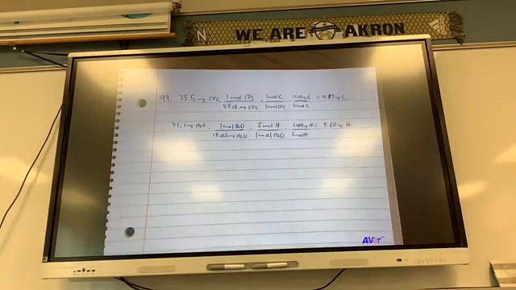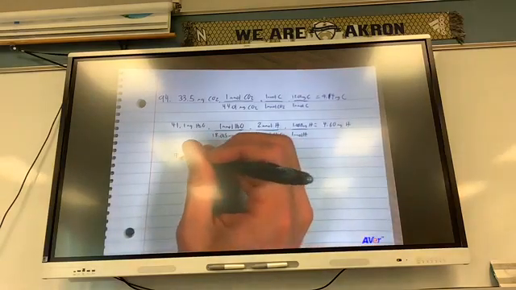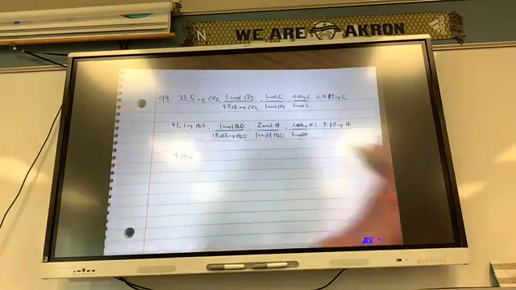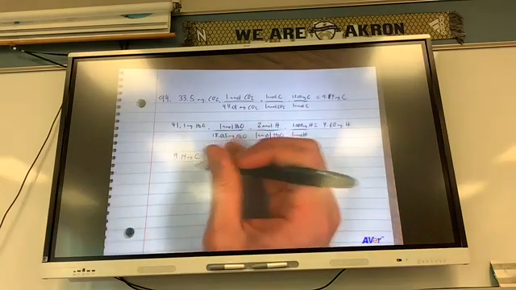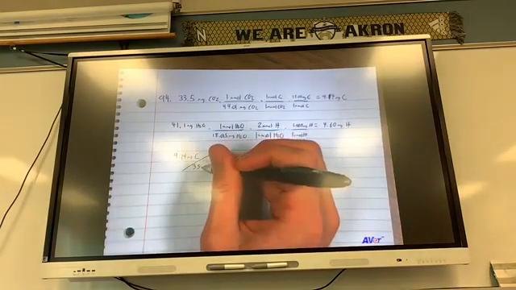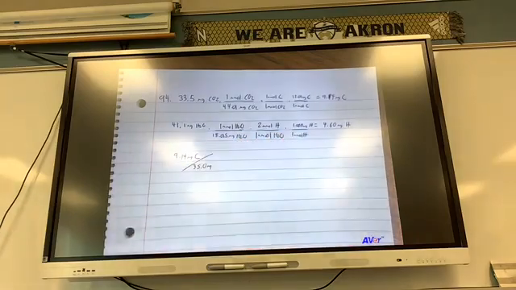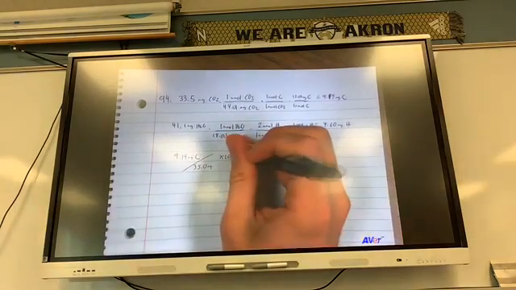They told me in the problem, we're number 94, that there's 35 milligrams of the compound. So now I'm going to do percent composition. I'm going to take my 9.14 milligrams of carbon and divide that by the 35.0 milligrams of the compound times 100.